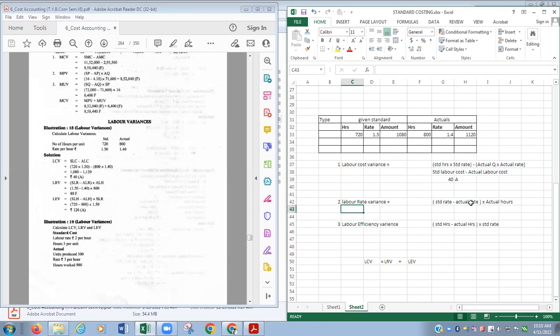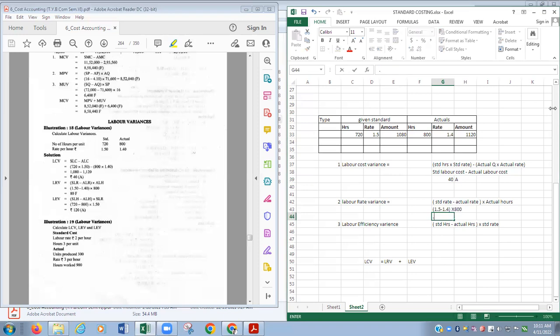So standard rate is 1.5 minus actual rate 1.4, into actual hours, 800.